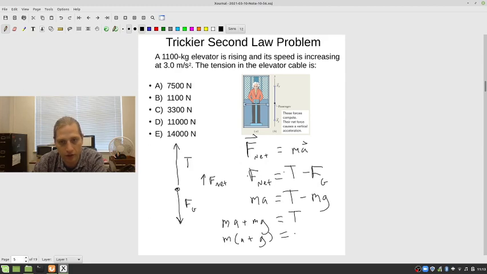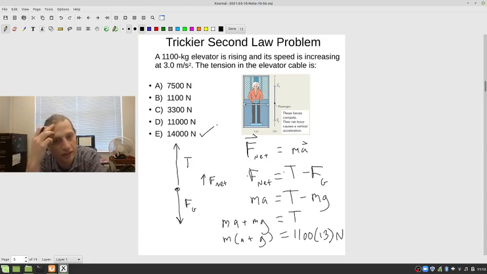That's my tension, and in this case the mass is 1,100. g is around 10, and so 10 plus 3 is around 13, so 1,100 times 13 newtons. So it's got to be that one.